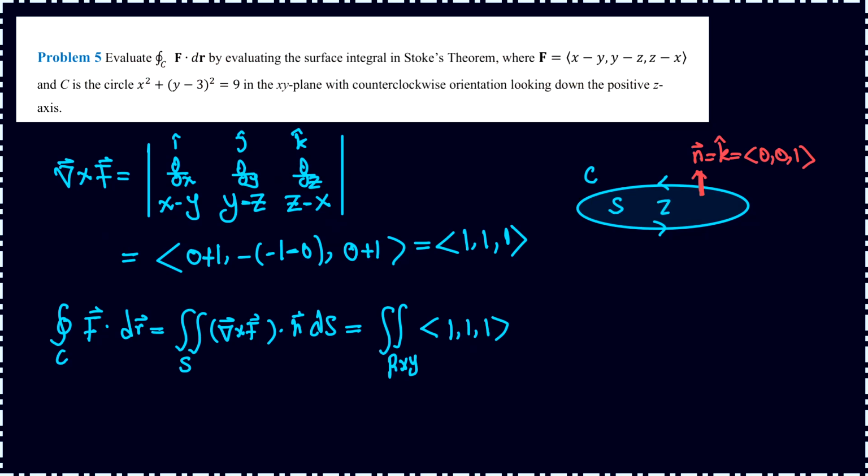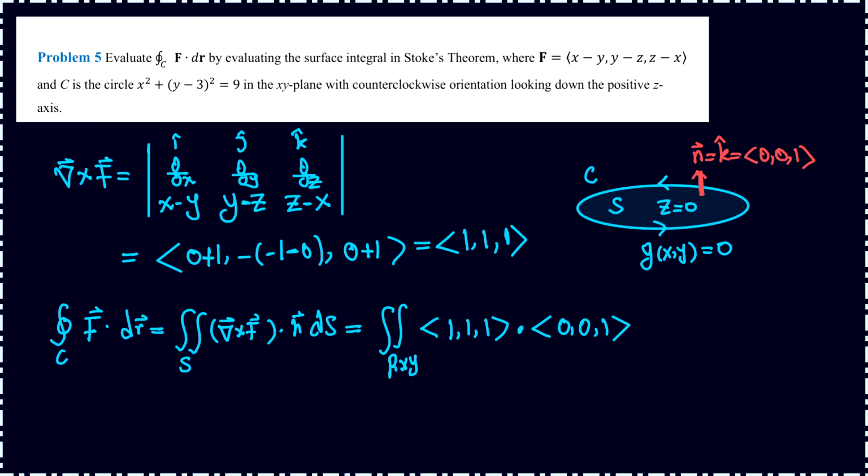Look, the surface is z equal to 0. g of x, y is simply 0, okay? So we're going to dot this with k hat, which is 0, 0, 1.